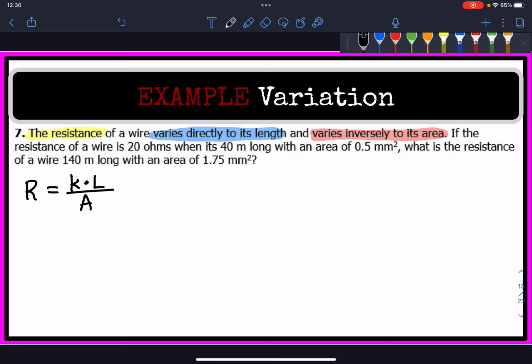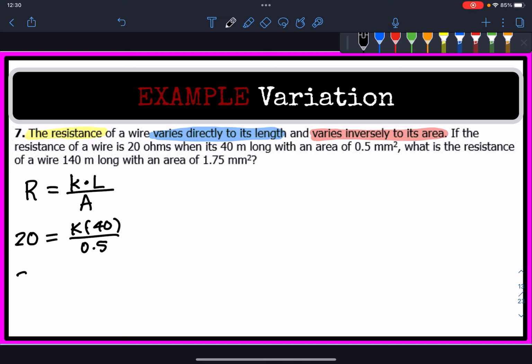From the second sentence, we know that the resistance of a wire is 20 ohms, so we're going to put 20 ohms, when the length is 40 and the area is 0.5.